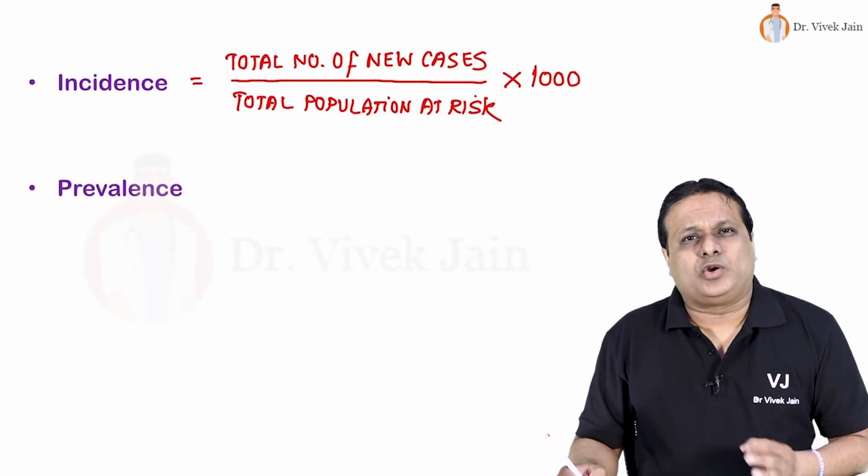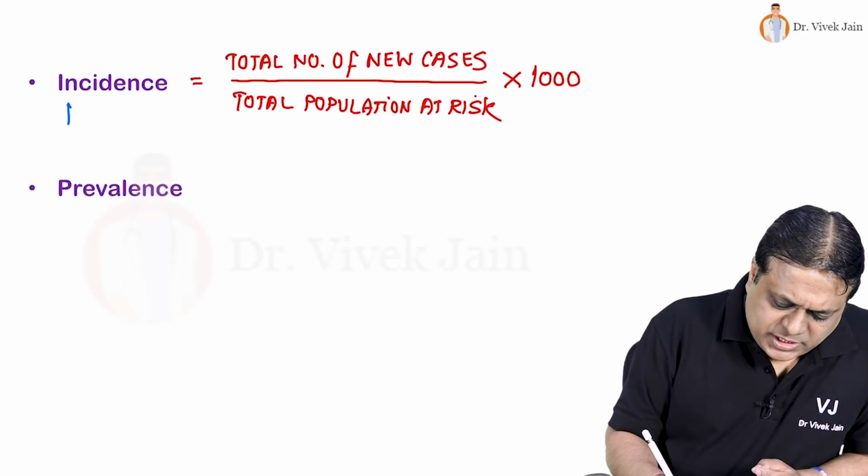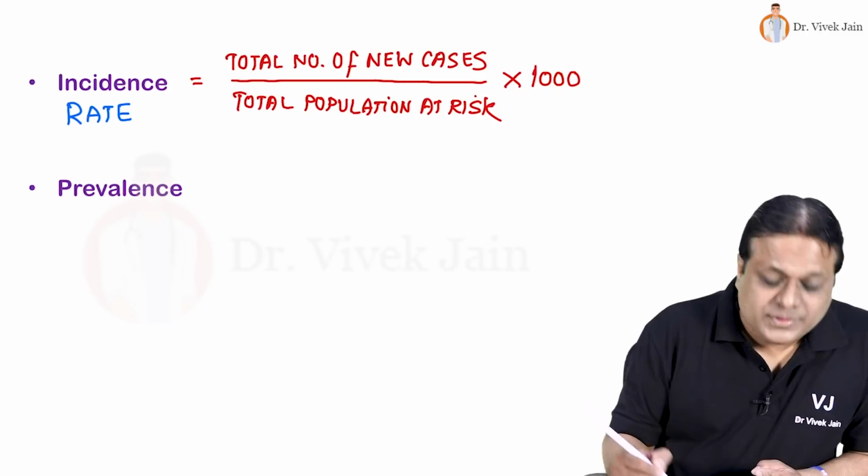Because numerator is a part of denominator and multiplier is not 100, please remember incidence is a type of rate.